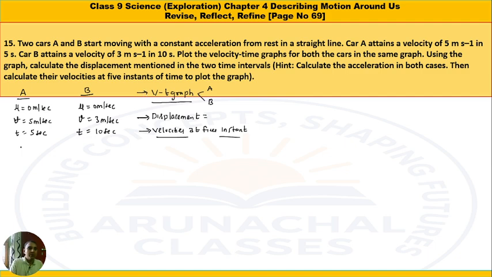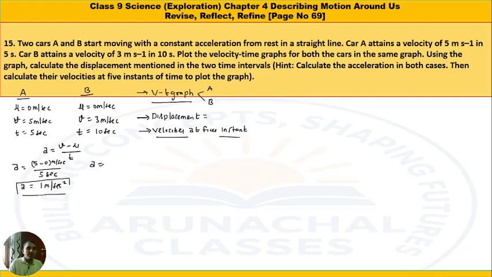So let us find out the acceleration. We know that acceleration is change in velocity, v minus u upon t. So here the acceleration will be 5 minus 0 meter per second upon 5 seconds. So it is 5 upon 5, 1 meter per second square. So for car A the acceleration will be 1 meter per second square.